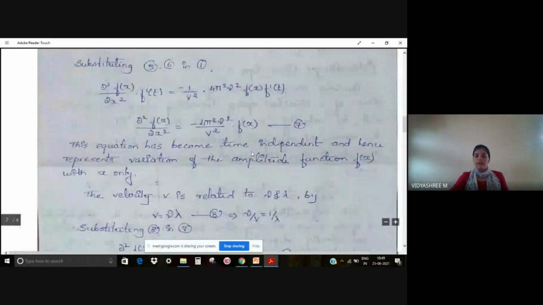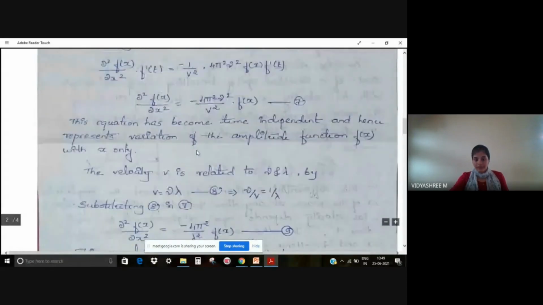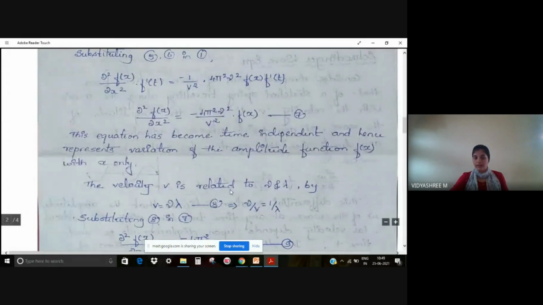Now this velocity can be related to wavelength and frequency, which is given by v is equal to nu into lambda. Velocity is the product of frequency and wavelength. That can be rearranged to get the ratio of frequency to wavelength, which is nothing but 1 by lambda.